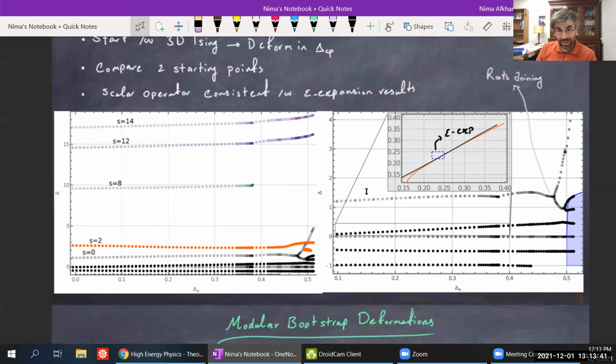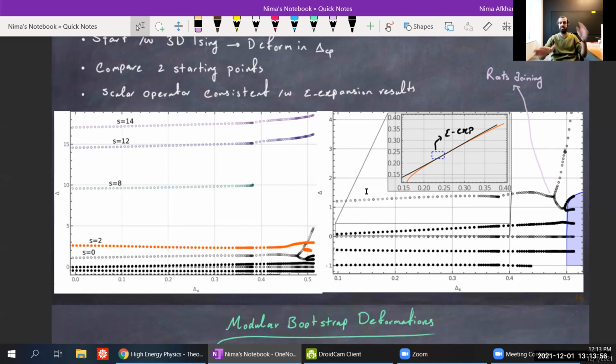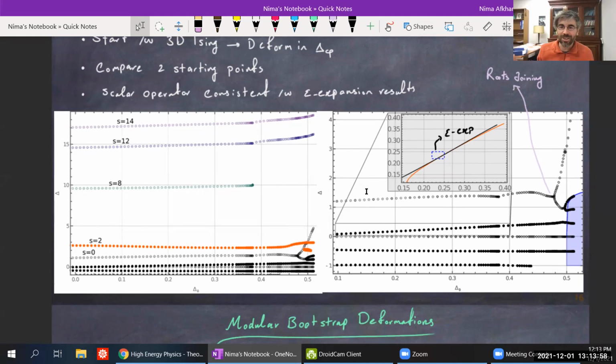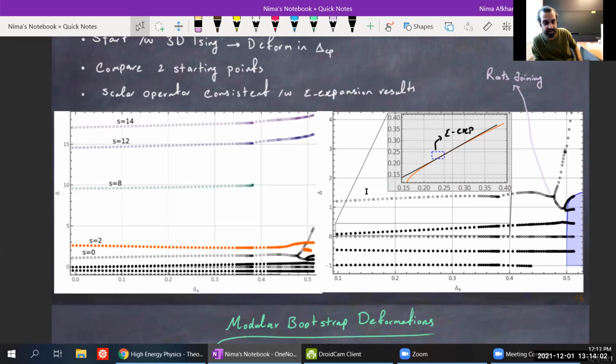You have a truncated solution to crossing with relatively few operators in that region that you can control. You can systematically improve by increasing lambda. It's not a bound, but it's a solution to crossing. That's all I mean by saying it's not rigorous. It's not a bound, but it's some solution to the truncated crossing equations. I agree, and that's all I meant.